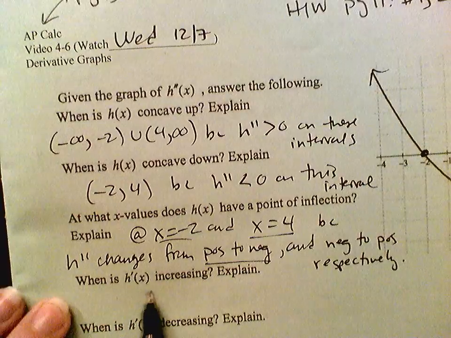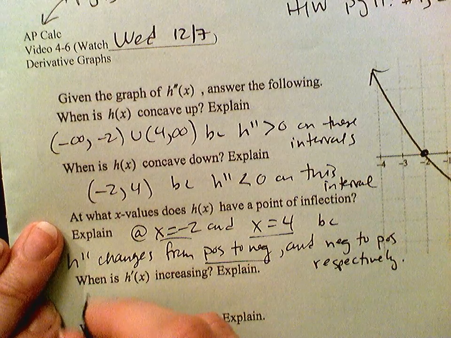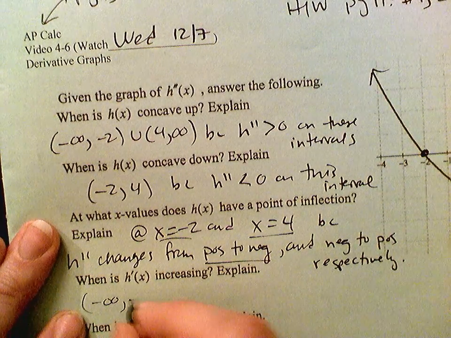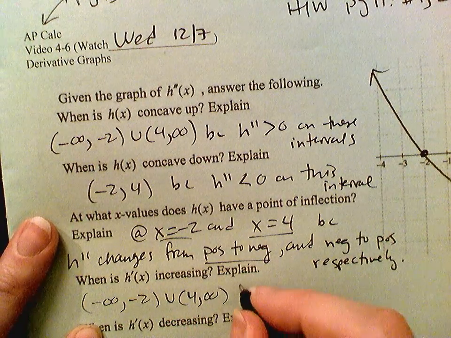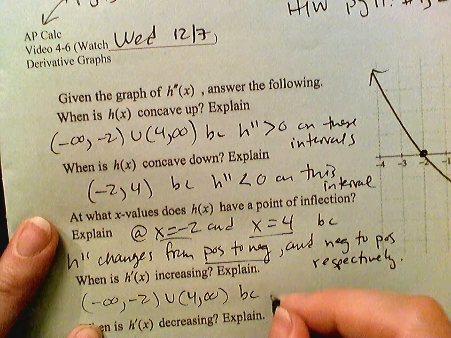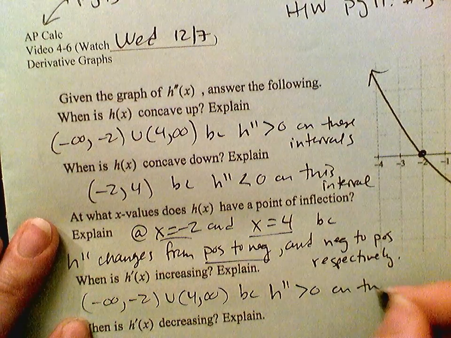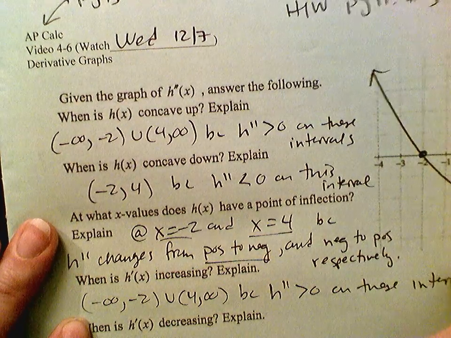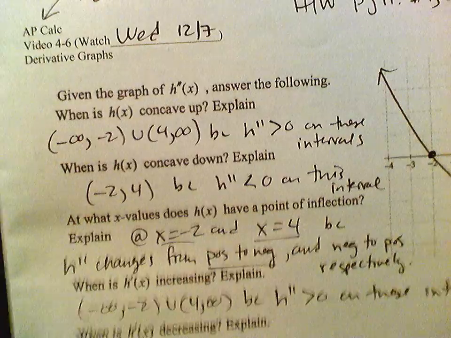So when is h prime of x increasing? We'll say from -infinity to -2, union 4 to infinity, because h double prime is greater than 0 on these intervals. Okay, and feel free to speed up the video, guys.